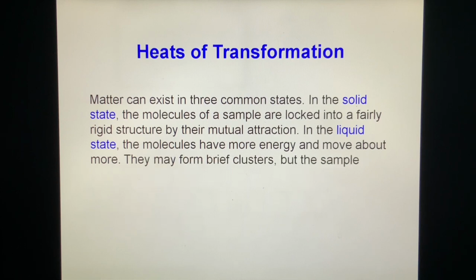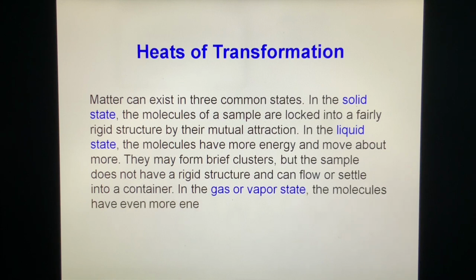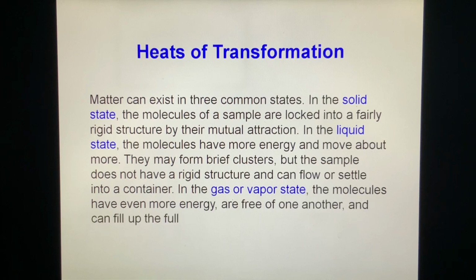They may form brief clusters, but the sample does not have a rigid structure and can flow or settle into a container. In the gas or vapor state, the molecules have even more energy and are free of one another and can fill up the full volume of a container.